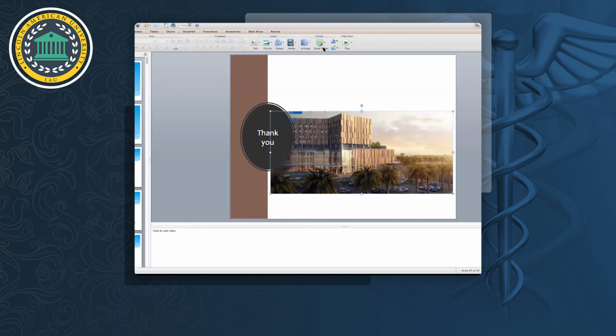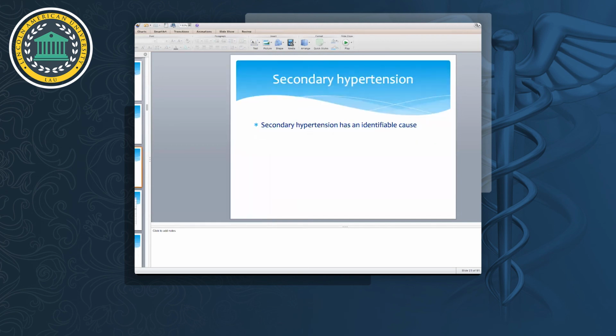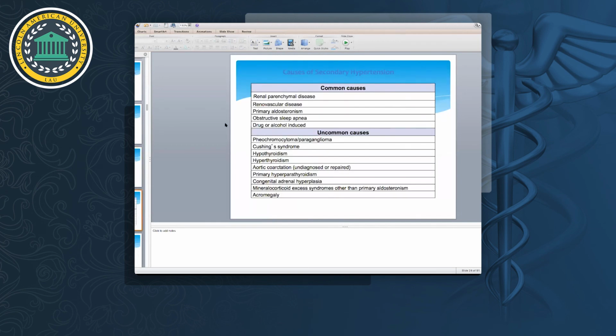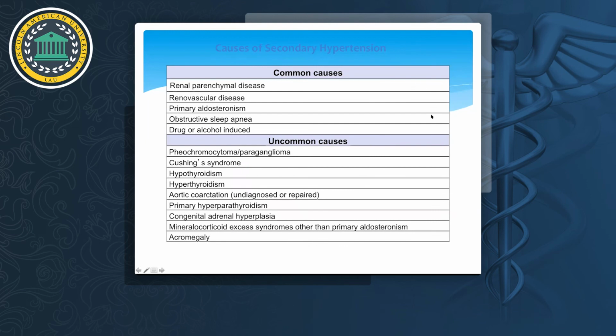I have mentioned it. Let me go back to that slide. Okay, here you go. Renal parenchymal disease is on top of the list. So I never said that this doesn't cause hypertension. We're talking about a renal cyst, not renal disease, not renovascular disease, not renal parenchymal disease. We're talking about a renal cyst.